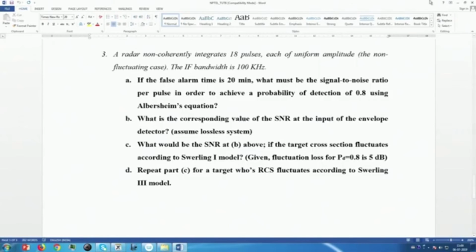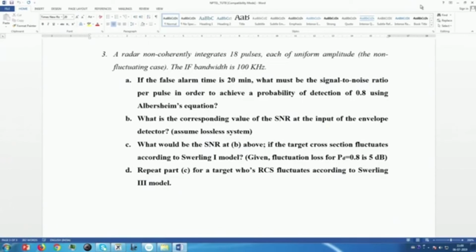A radar non-coherently integrates 18 pulses, each of uniform amplitude, the non-fluctuating case, that means our original case or Swerling 0 case. The IF bandwidth is 100 kilohertz. If the false alarm time is 20 minutes, what must be the SNR per pulse in order to achieve a probability of detection of 0.8 using Albersheim's equation?